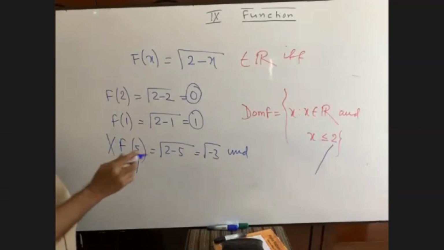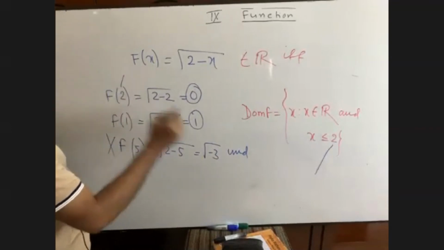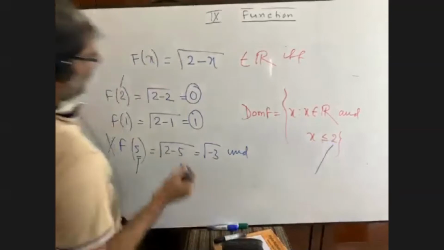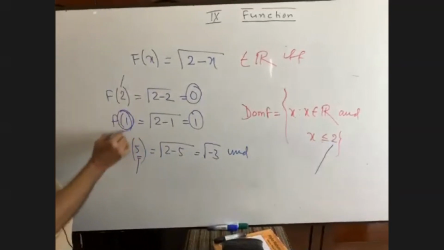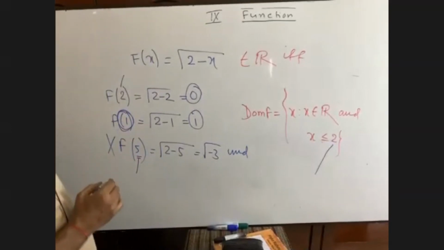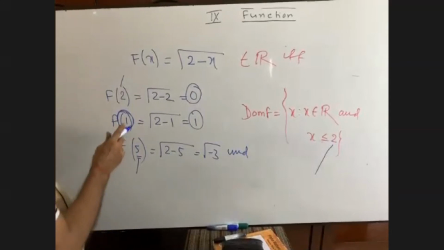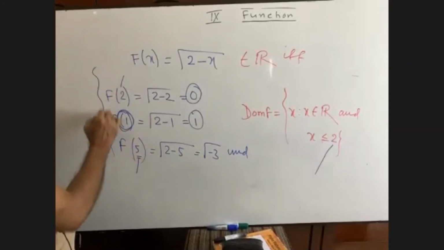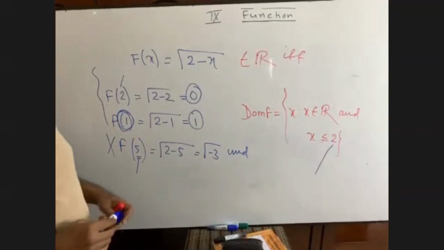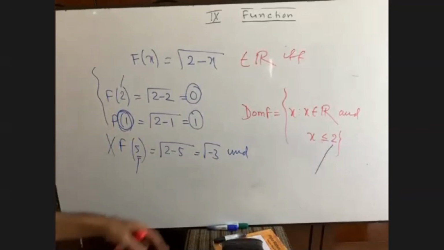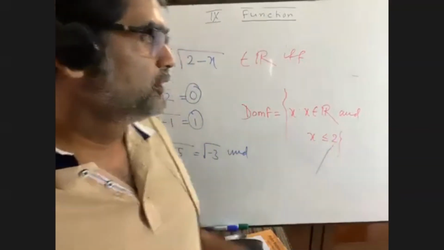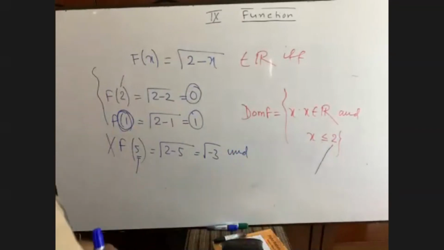But when I took x equals 2, or x less than 2, like 1, we could find the value. When we take any value greater than 2, we are wrong to determine the value.